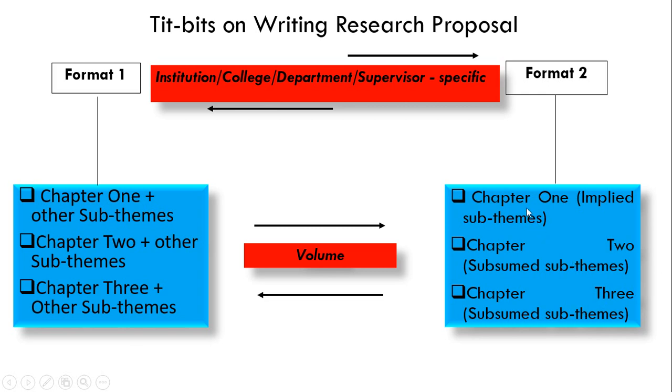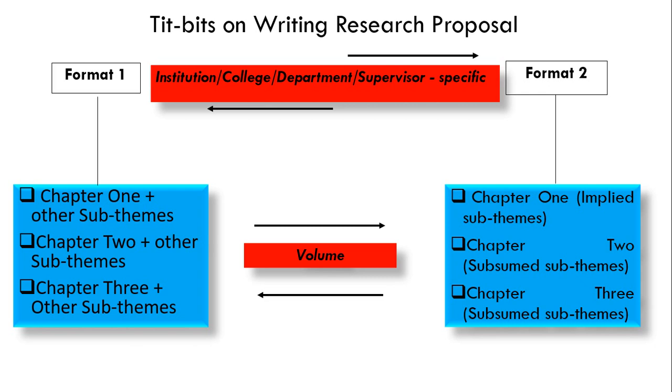For example, you usually have in chapter 1 your introduction or background to the study or overview, depending on your institution, and subsequently you have what is called your research problem, your research objectives, aims and objectives, research questions, research hypothesis going forward.